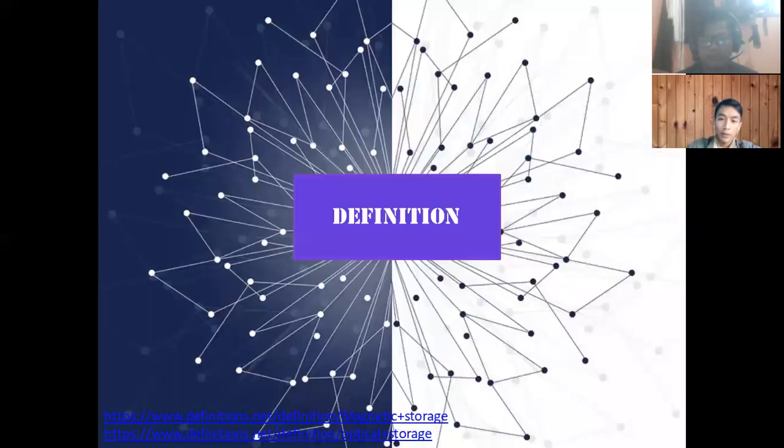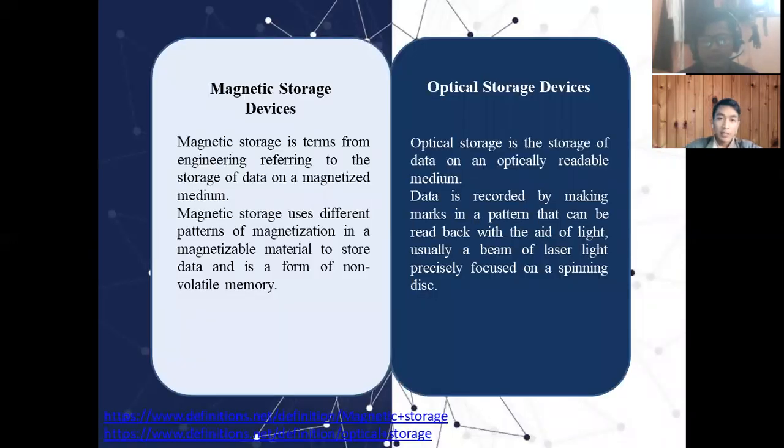The definition of magnetic storage devices is an engineering term referring to the storage of data on a magnetized medium. It uses different patterns of magnetization in a magnetizable material to store data, and it's a form of non-volatile memory.